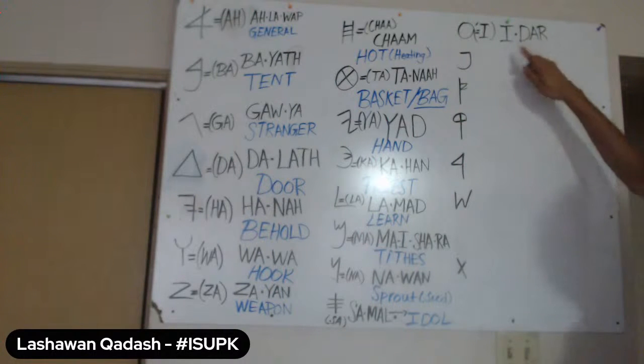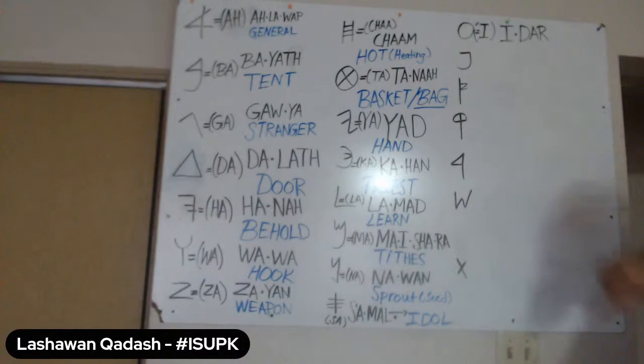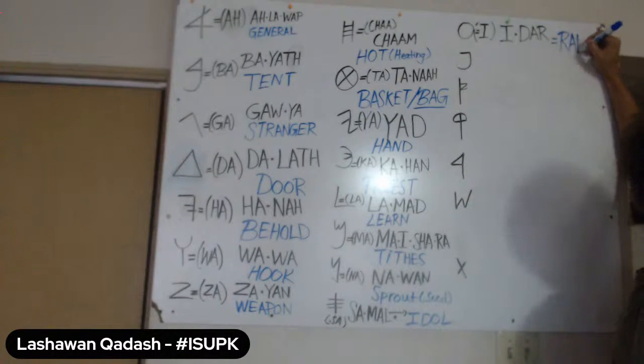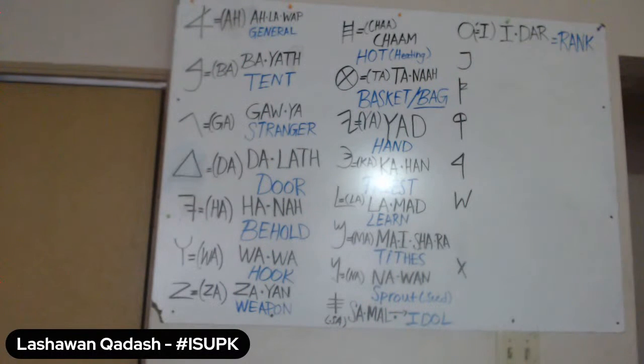You got the I, the duh, and the ruh connected together. So idar. Okay? Idar means rank, like a rank raise. Someone who has power and authority. Rank. Okay?